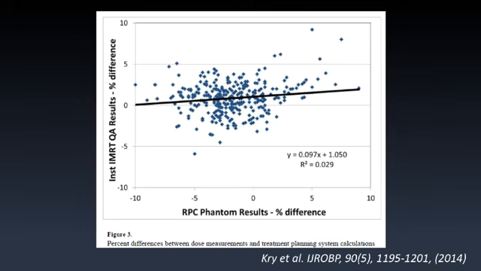So you can have a very poorly performing plan in terms of the phantom test results. Maybe it could be even 10% off, and yet the IMRT QA says that it passes at 100%. Sobering data that underscores the importance of these tests and underscores this as one of the key validation measures as advocated by the MPPG and other groups.